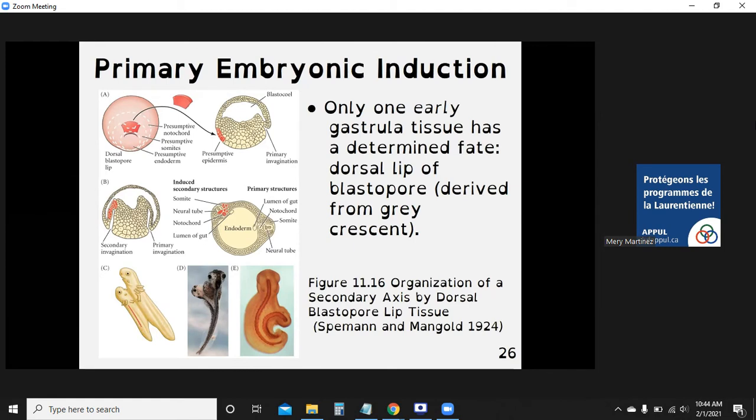And this self-differentiating tissue is the dorsal lip of the blastopore, okay? The tissue that normally derives from the gray crescent cytoplasm. So the dorsal lip originates from that section of the gray crescent.